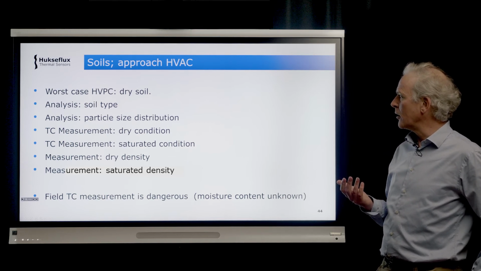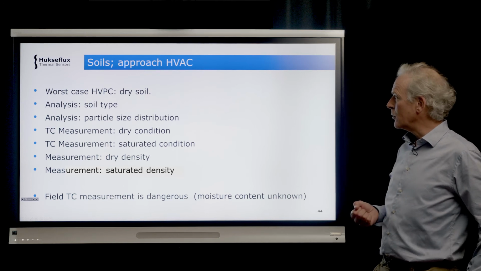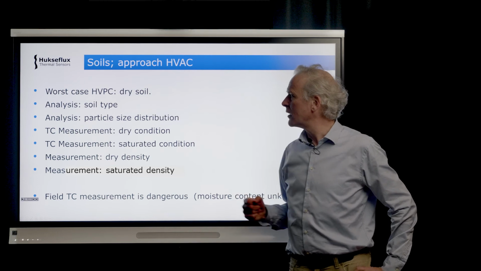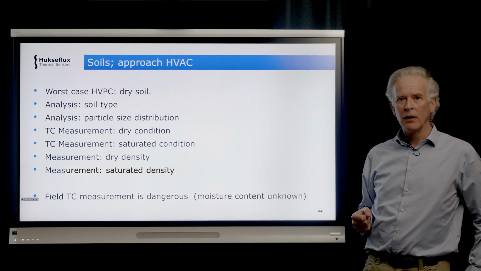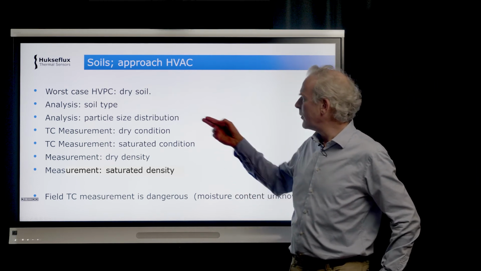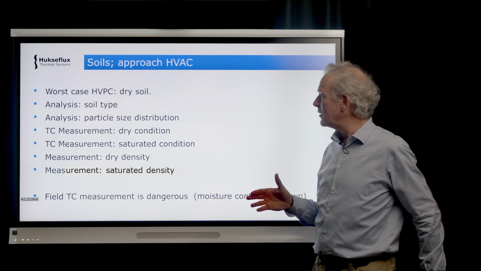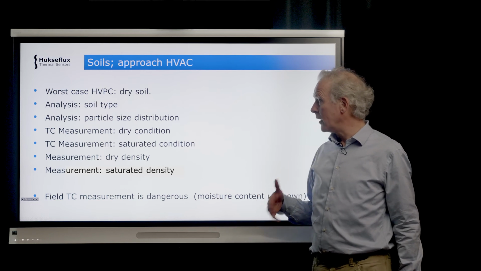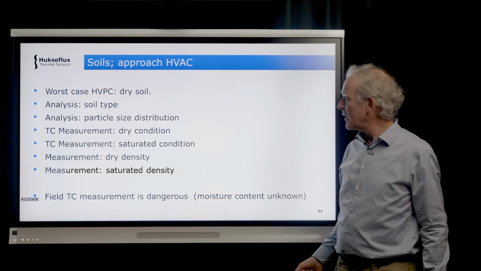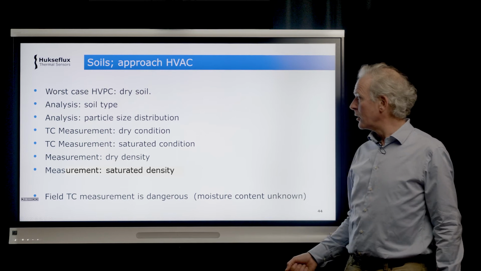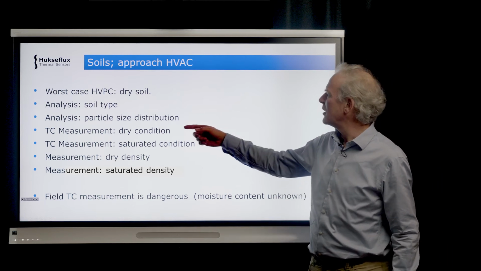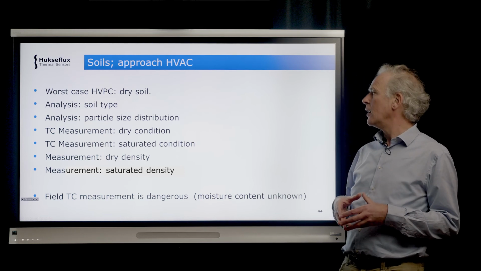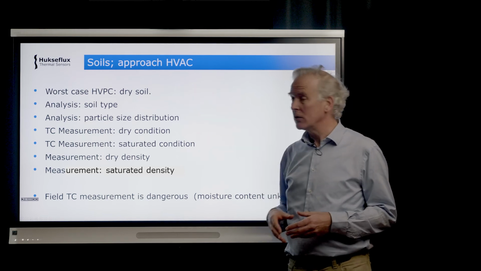So in order to assess the situation for high voltage power cables, what people typically do is first analyze their soil type, so they classify it. Some parties have the possibility to do a particle size distribution measurement, which is also very useful. If you do a thermal conductivity measurement, this dry condition is most relevant because it represents the worst case situation.